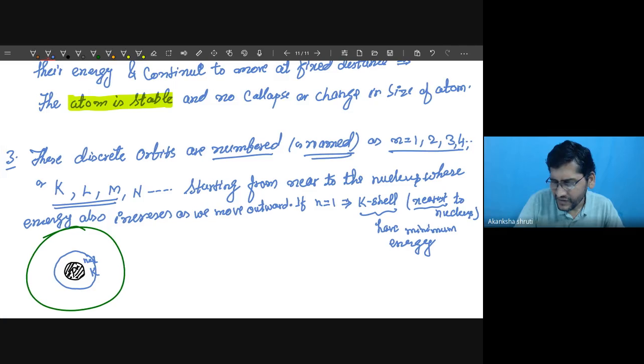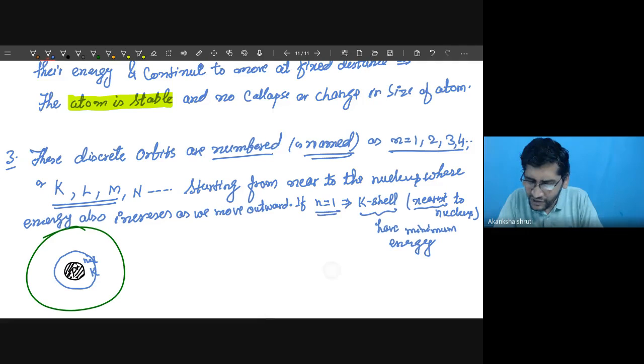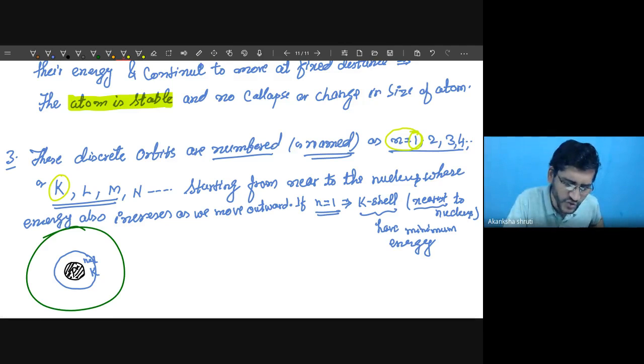Here is an example. In numbering we have taken n equals 1, which corresponds to the K shell. Get it? If you are considering n equals 2, it corresponds to the L shell.